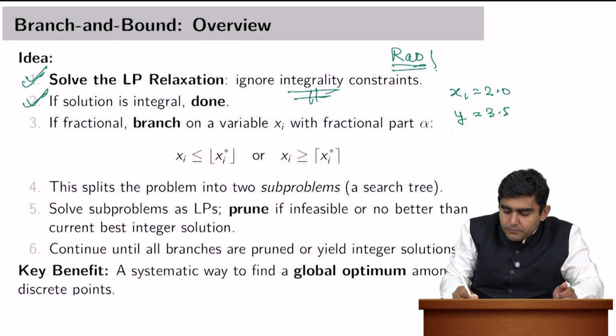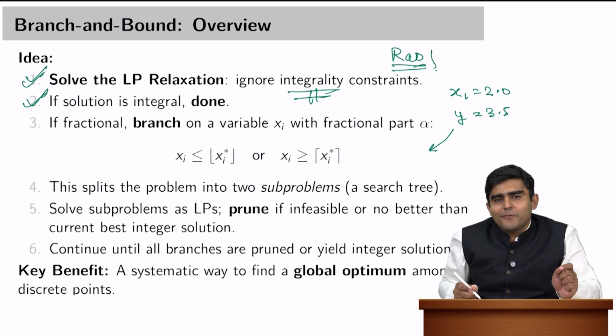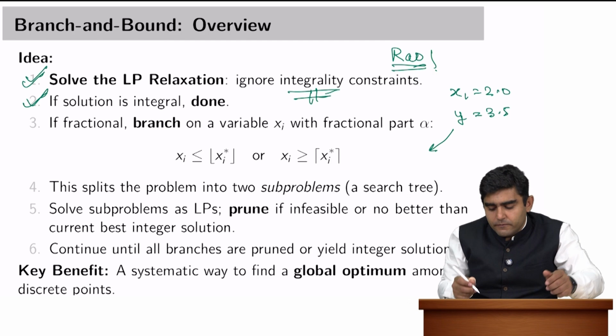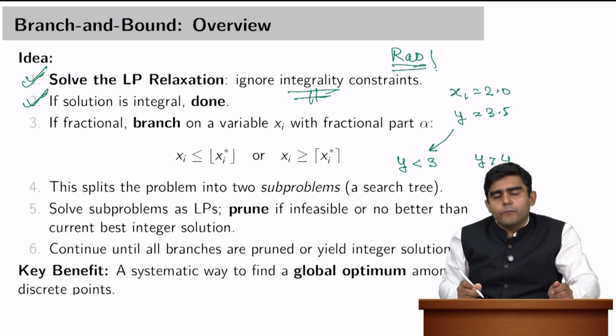In the branch and bound method, you would say that now I cannot live with this optimality of y equal to 3.5. I have to find whether y is less than 3 or y is greater than 4.